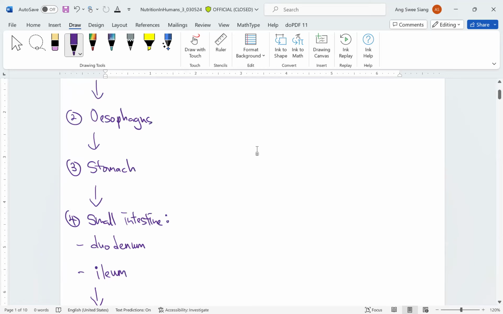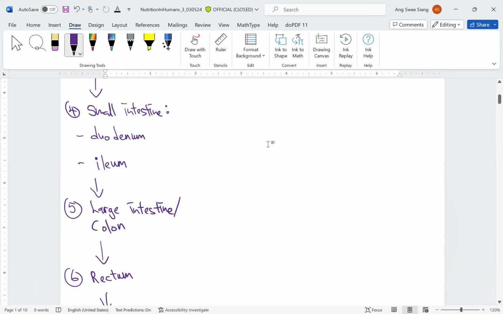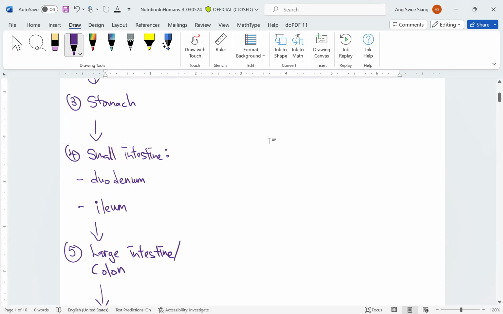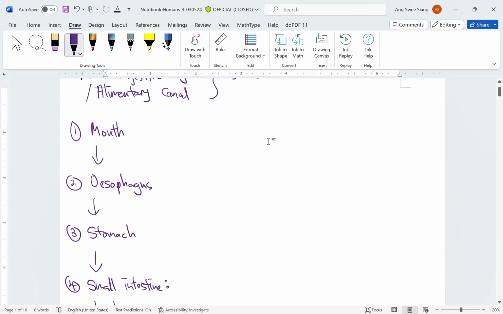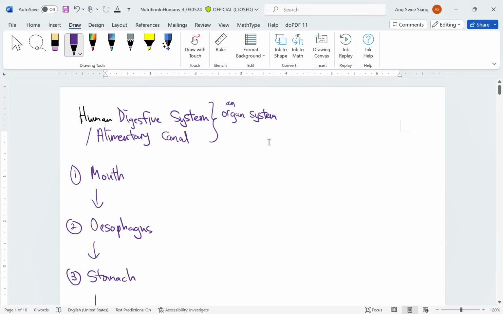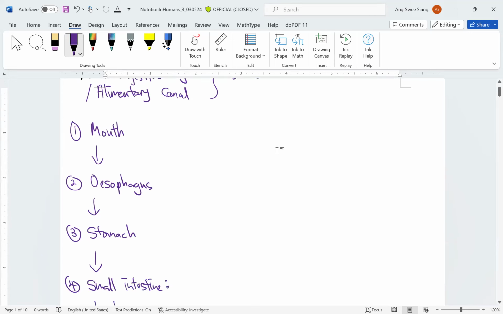Okay, now, let's continue. So these are the different organs found in the human digestive system. We are going to look at what happens in each of them in detail. So let's do a summary. First things first, types of digestion.